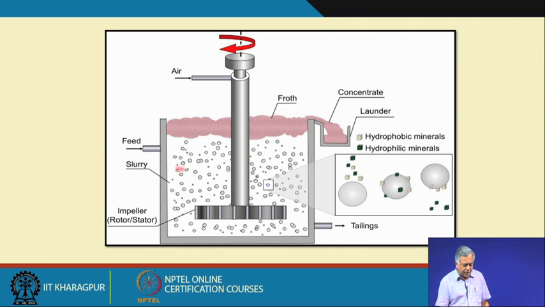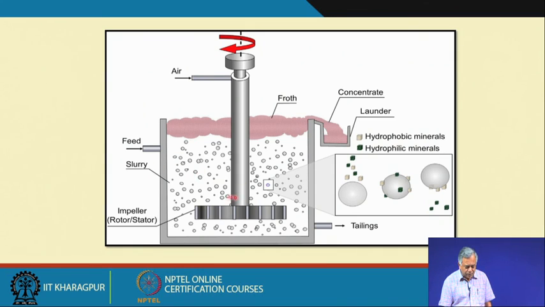You have fed the slurry, and you may have added some chemicals here to intentionally make some particle surfaces hydrophobic, and some particles are inherently hydrophilic. So what will happen?